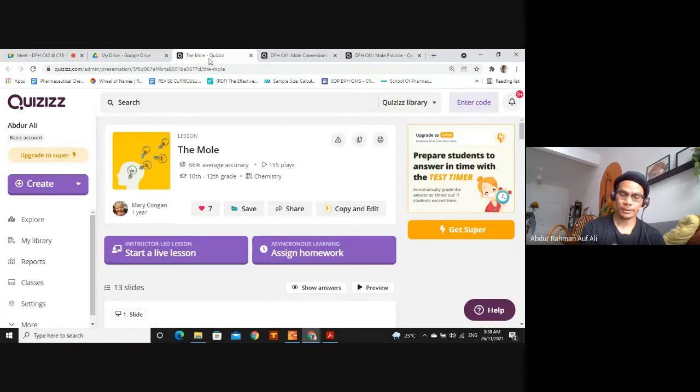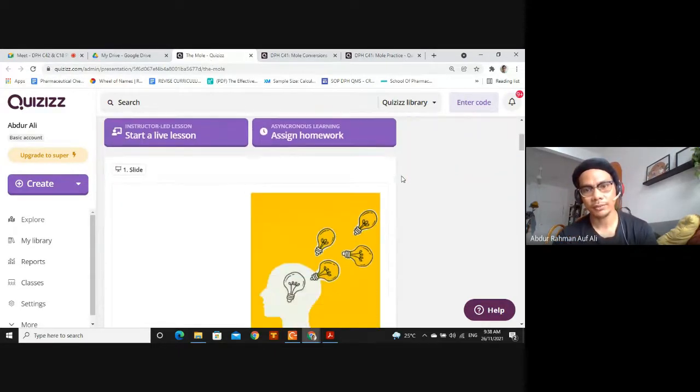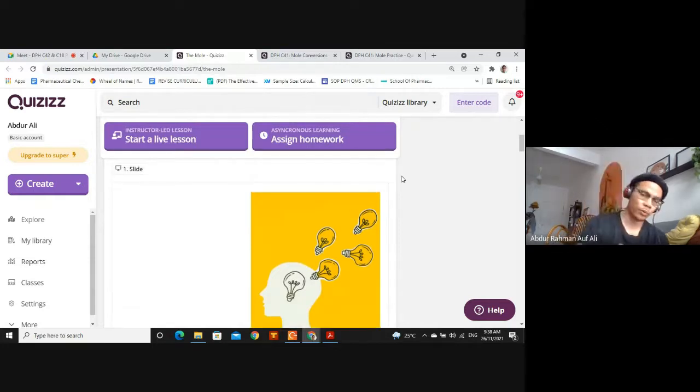If you took science and chemistry in SPM, you would have learned about the mole. But if you didn't, this is something new. I will begin explaining at the very foundation, the very basics. What is the mole? Why do we need it? What do we use it for? Those are basically the 3 things you need to know about the mole.